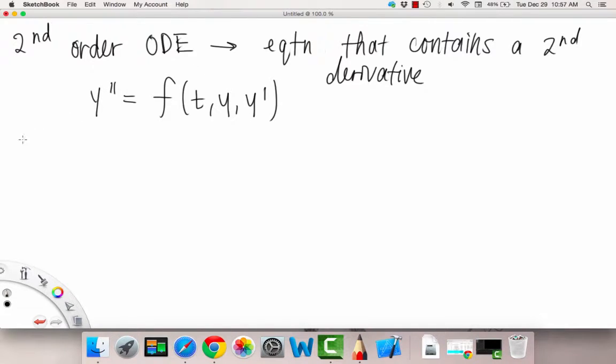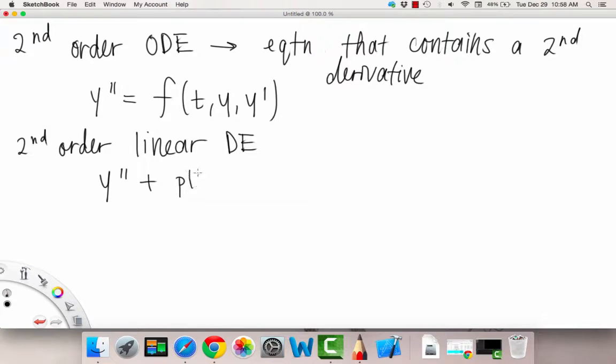Normally, we're going to be dealing with second order linear differential equations. So DE, differential equations, okay? And this one is usually found in the form of y double prime plus some function of t times y prime plus another function of t times y is equal to some function of t.